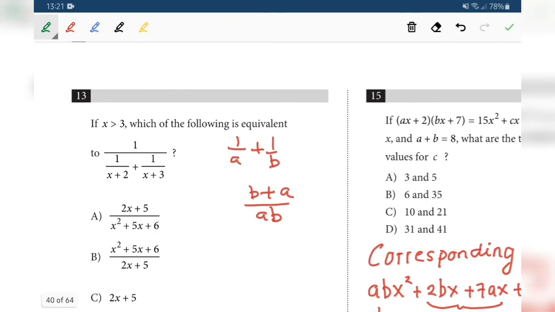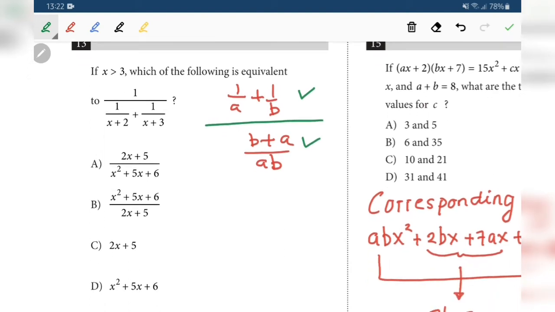Number 13. Before we discuss 13, I want to refresh your knowledge about fractions. If we have the sum of fractions, we can do the cross multiplication, like this. So I'm going to do the same thing here.